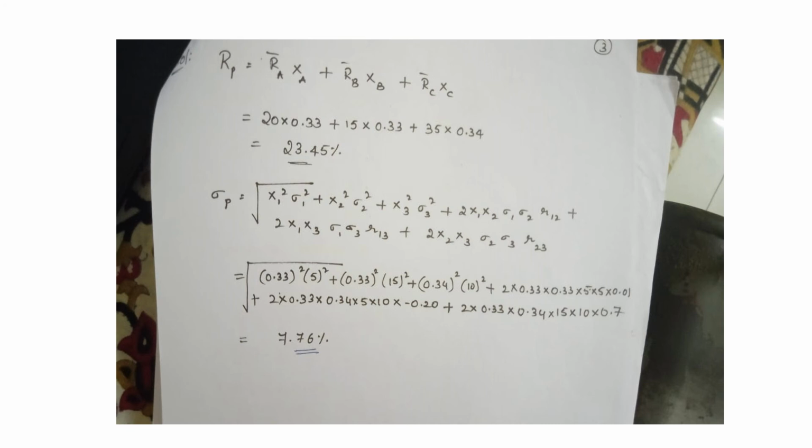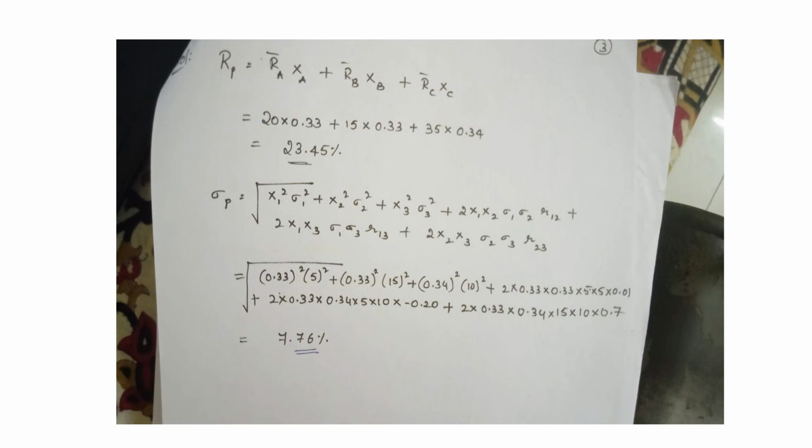So here as we have three stocks, we have to sum it. That is, you have to multiply the returns with the weights and then add them. So return on the first stock A into weights.